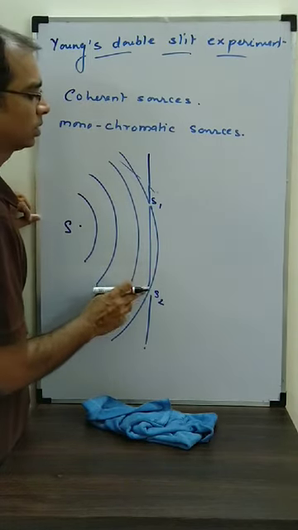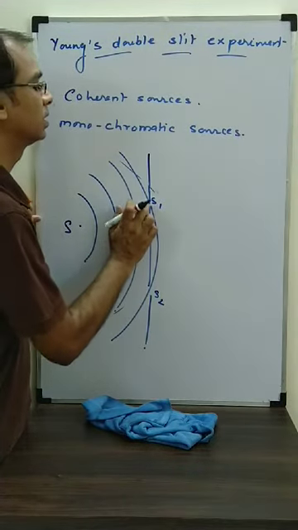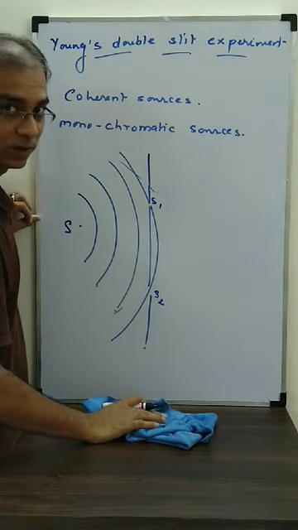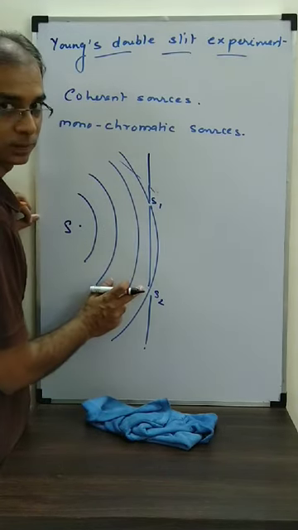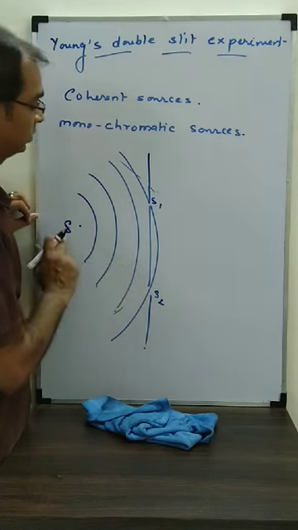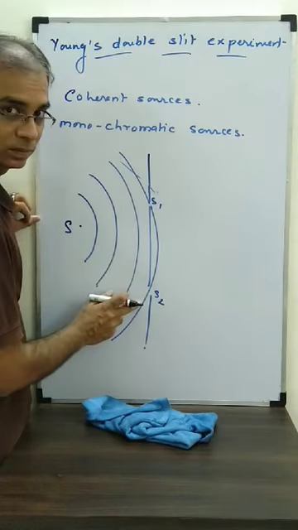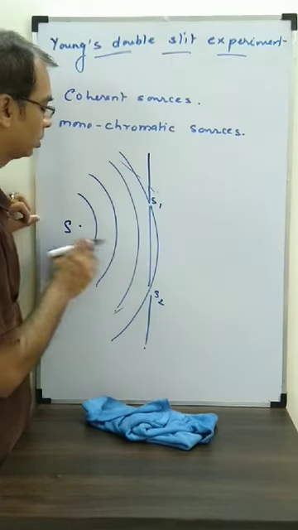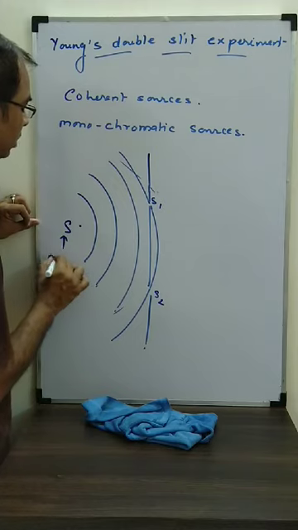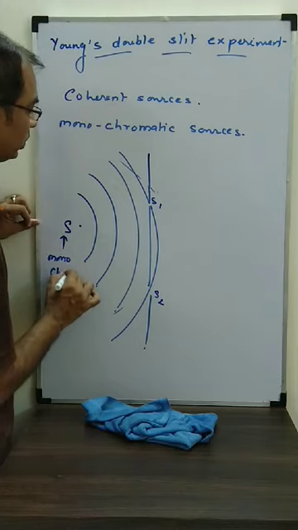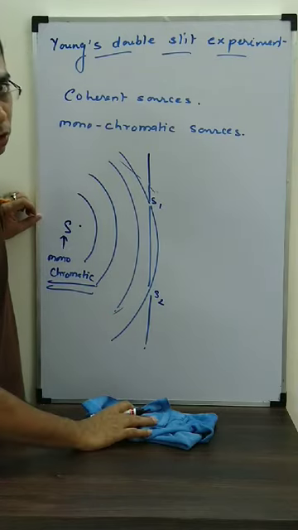Since this hole and this hole fall on the same wavefront, we can say that this source and this source are vibrating in the same phase. So they will have the same frequency as that of the source itself. They are monochromatic also, because I took one source only. So these two, S1 and S2, will also be producing monochromatic light.